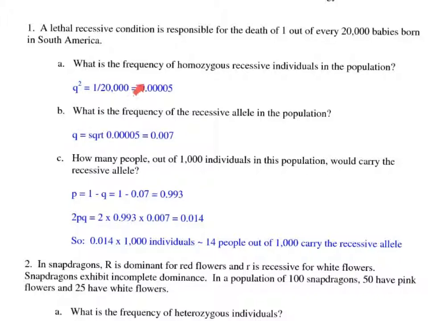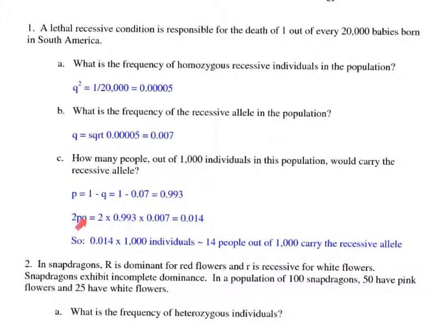What is the frequency of the recessive allele? We take the square root of this number, and that will give us q as being 0.007. How many people out of 1,000 individuals in this population would carry the recessive trait? So the next thing we need to do is find p. And p equals 1 minus q, so p would equal 1 minus 0.007, which would equal 0.993.